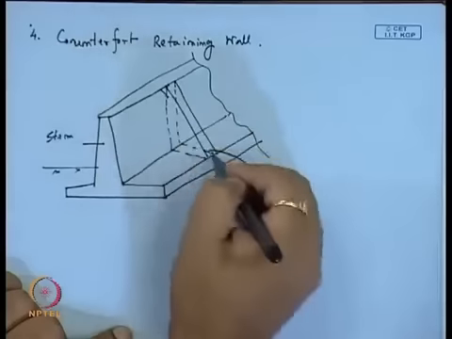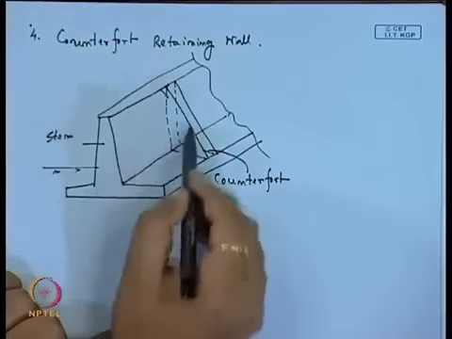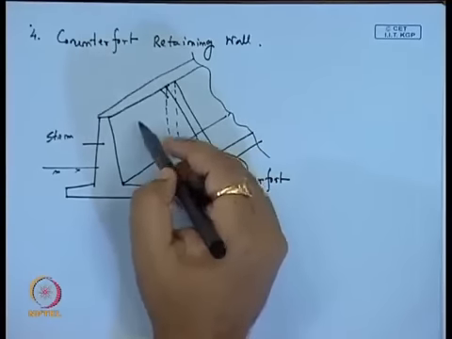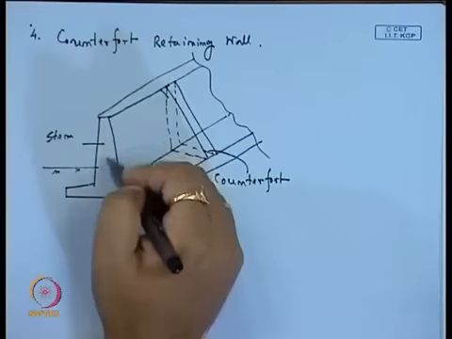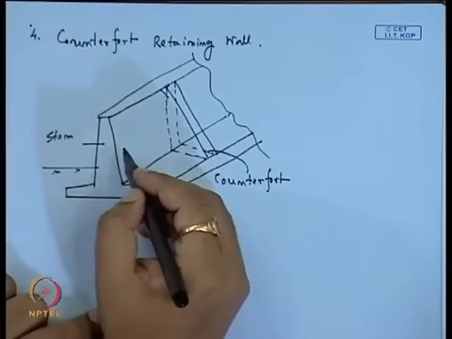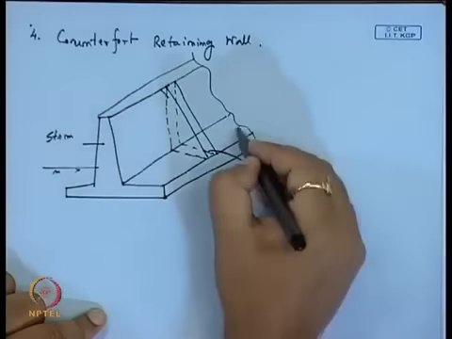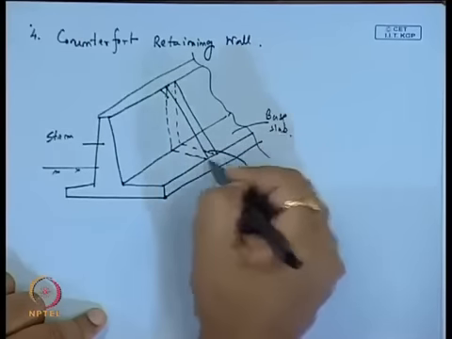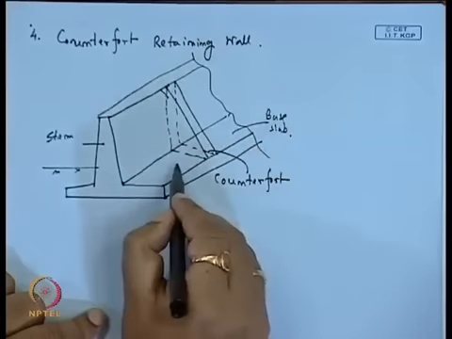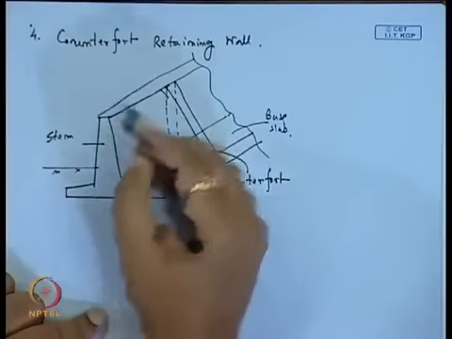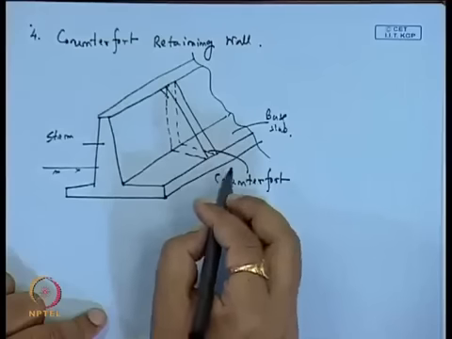These counterforts are used to reduce the shear force and bending moment induced in the vertical stem of the retaining wall and also in the base slab. This is the base slab. So, to reduce the shear force and bending moment of the base slab and the stem, these counterforts are used at certain intervals.